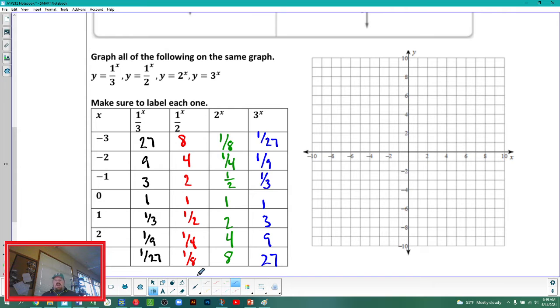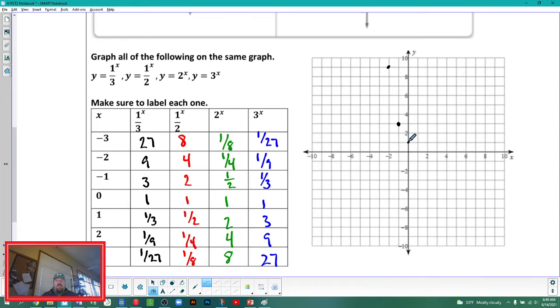All right, we're going to generalize some of these because they get very small very fast. Looking at the first column now, at -3, this is all the way up at 27. That's not even on my graph. So at -2, it's at 9. I can graph that one. At -1, it's 3. I can graph that one.